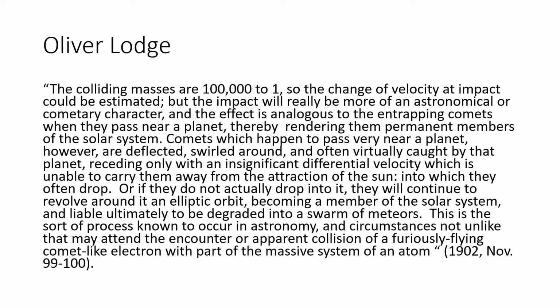And then here, from that same lecture, he's trying to explain what happens when two metals fuse. And the analogy he draws is that it's similar to what happens when a comet enters the solar system.